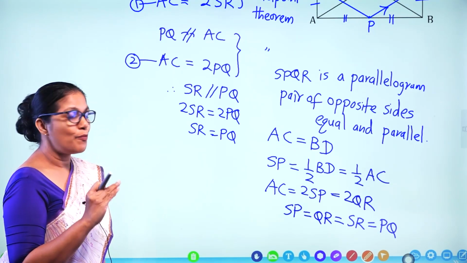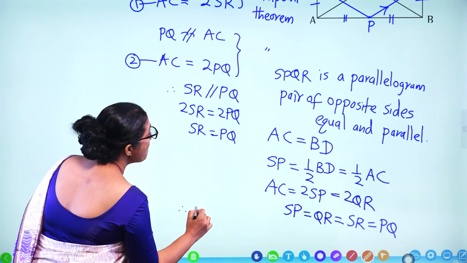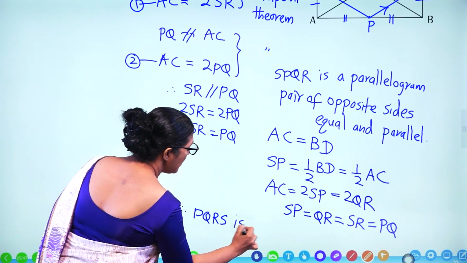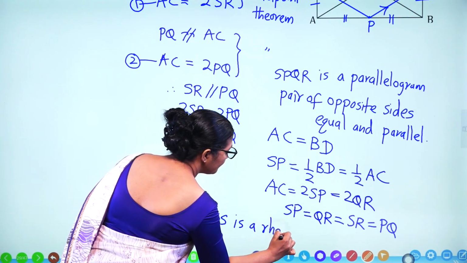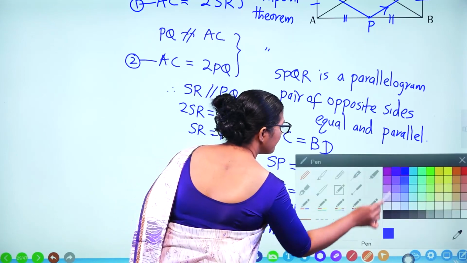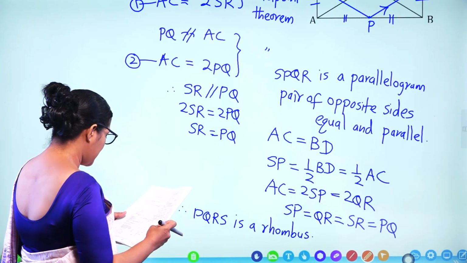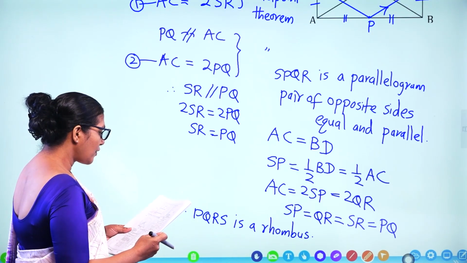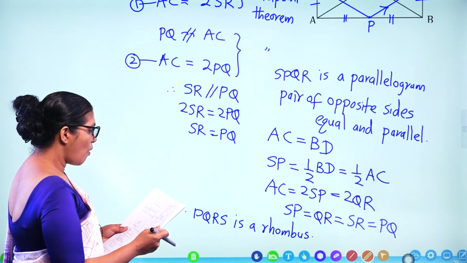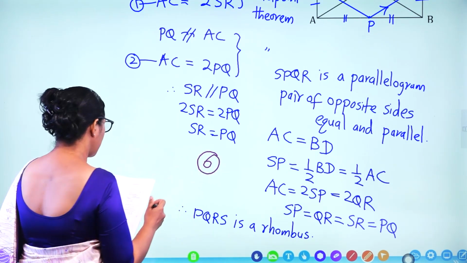So a parallelogram with all sides equal. So therefore PQRS is a rhombus. So how many marks for that step? So 6 marks you are getting for proving all these steps. 6 marks for the whole question.